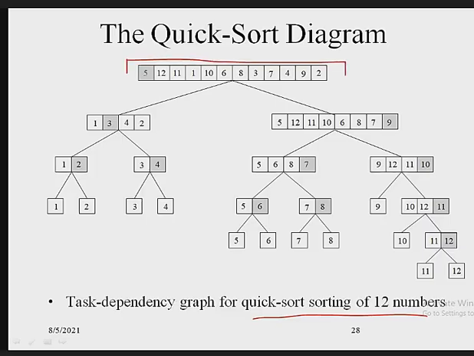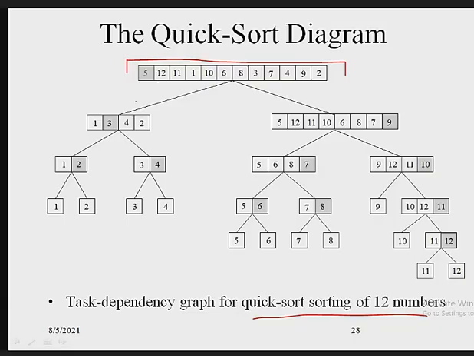How does the quick sort algorithm work? Whatever array is given, we consider one element, which is called the pivot element, and according to the pivot element we decompose the array. For this example, suppose I am considering the first element as the pivot element.